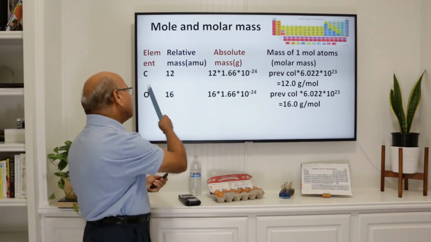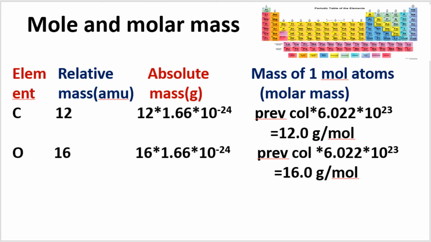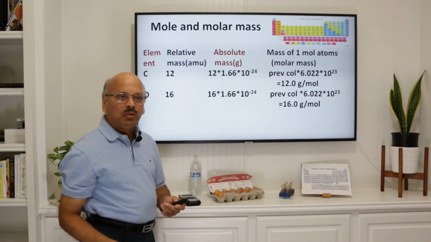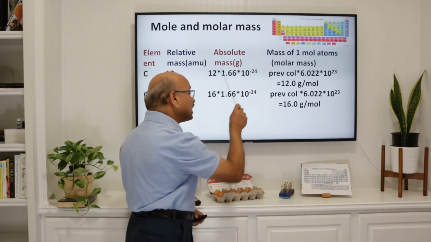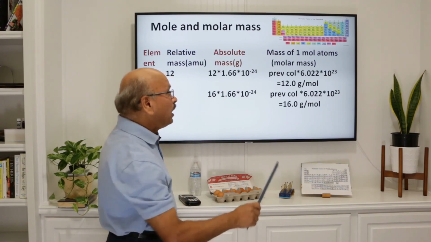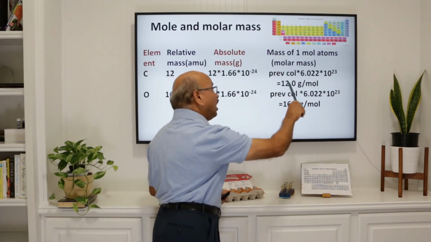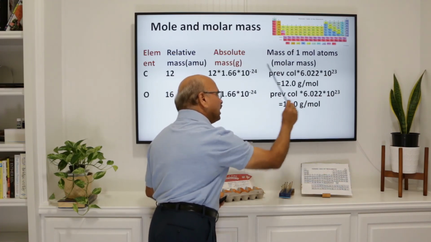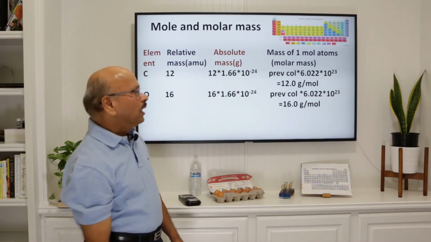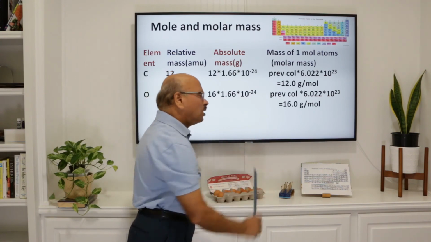For example, oxygen atomic mass is 16 AMU. Multiply the 16 AMU with the AMU equivalent, which is 1.66 times 10 to the power of negative 24. That's the mass of an oxygen atom. Then if you want the mass of 1 mole of atoms of oxygen, multiply that with the Avogadro number. And again, it happens to be 16 grams.